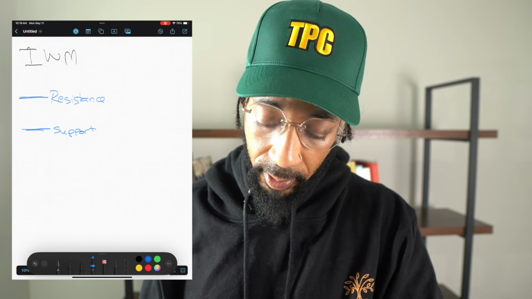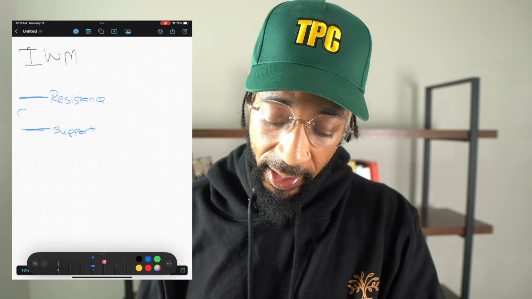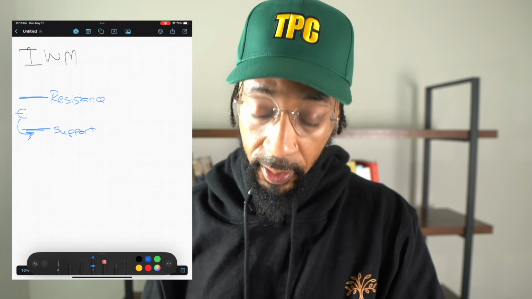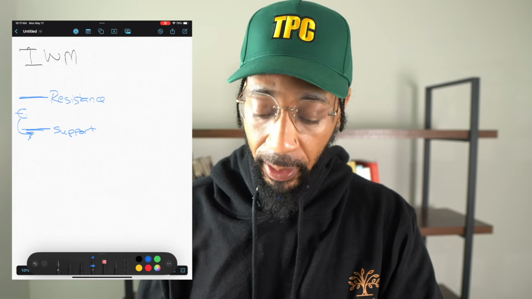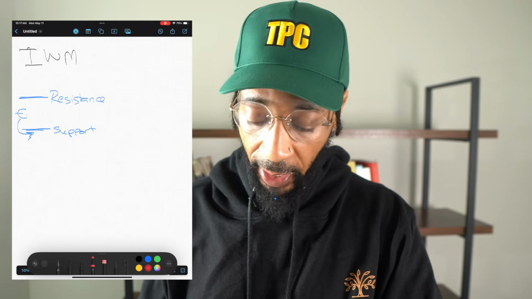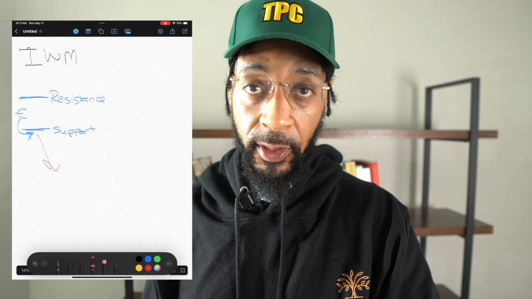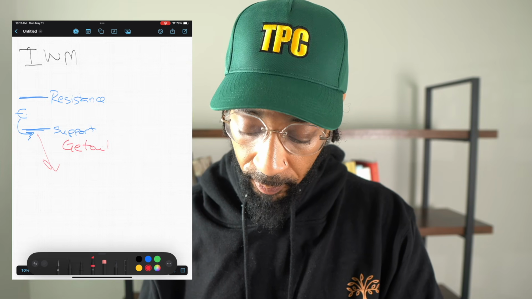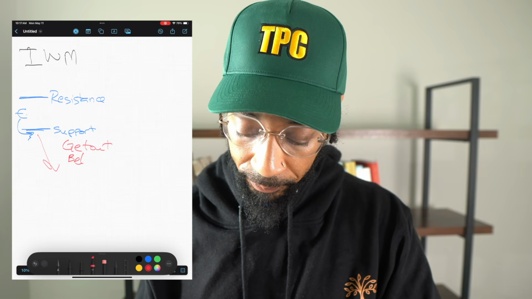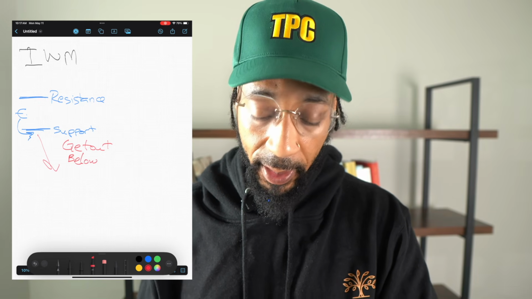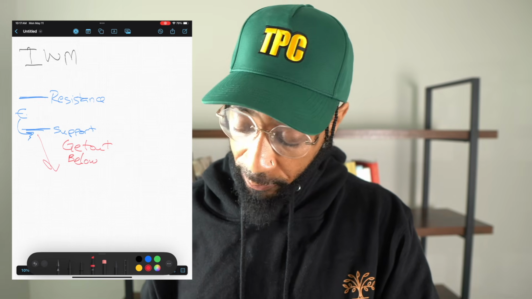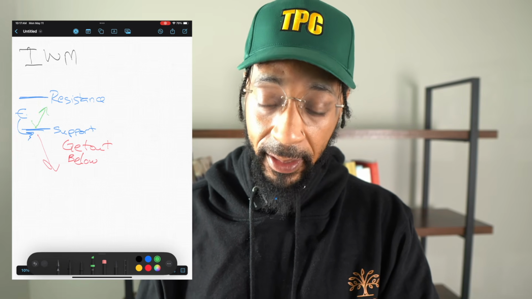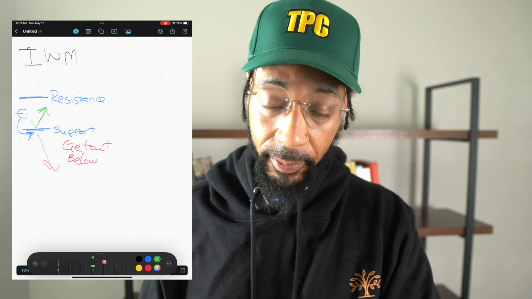Now, if you get in right here and then we break below support, you don't want to add below support, because the stock is most likely going to continue to come down if you're in calls. So you actually want to get out below support. Right? Now, like I said, if we bounce off support and then we come up, you can add, anticipating it coming back up.